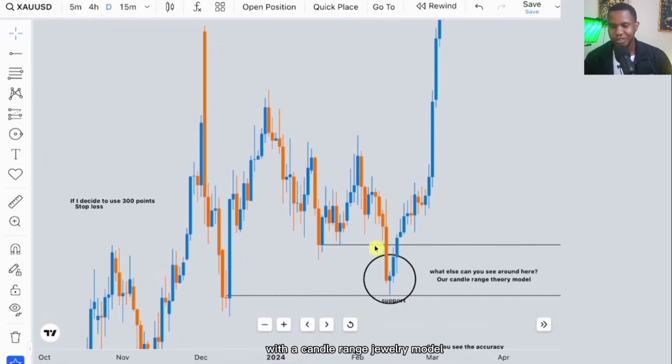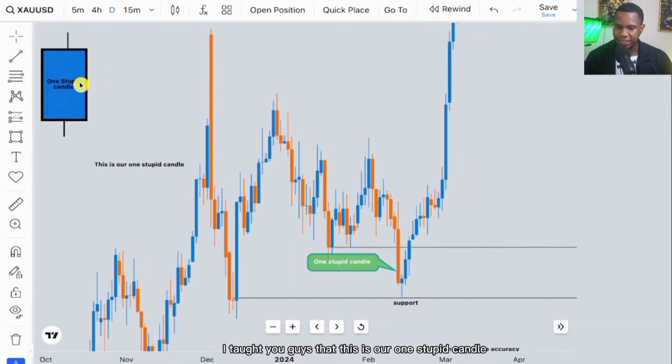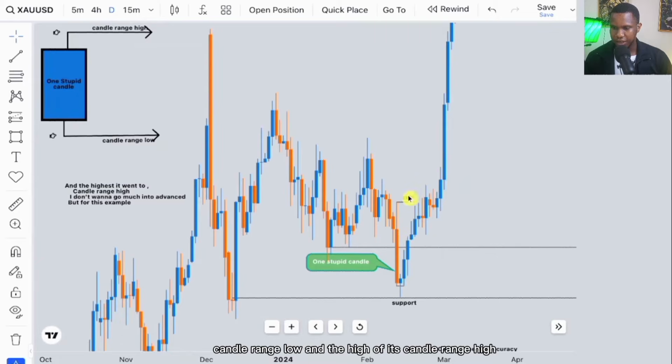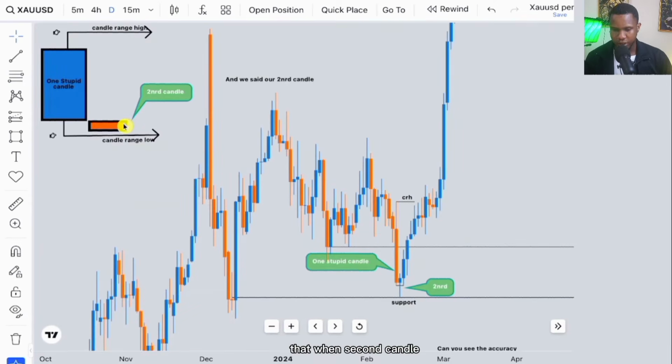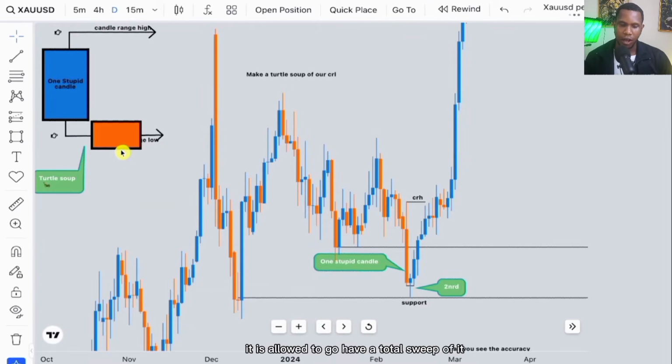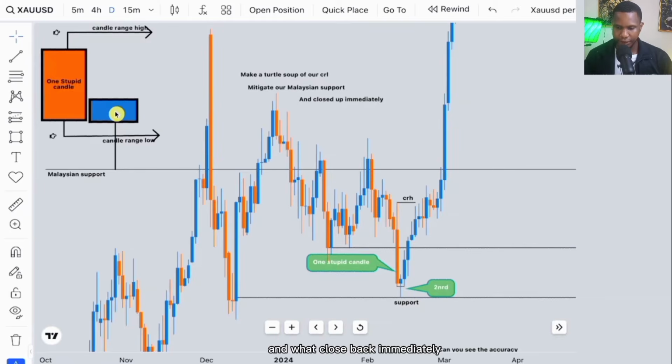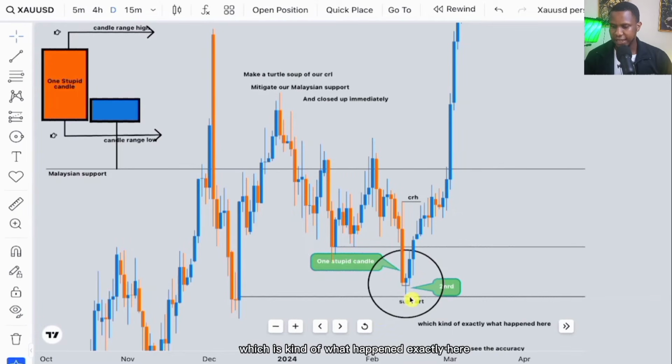What else can you see around here? A candle range theory model right here at our support. I taught you guys that this is our one stupid candle, that the low of the candle is our candle range low, and the high of the candle is the candle range high. That when the second candle is allowed to go and have a total sweep of it, then tap our Malaysian support, which it did right here, and close back immediately, which is what happened exactly here.